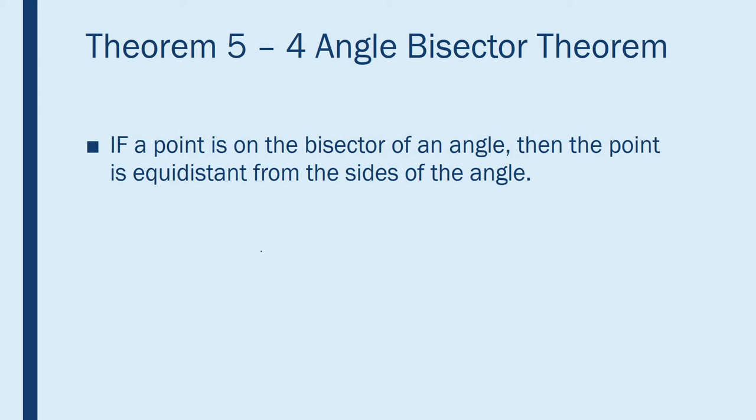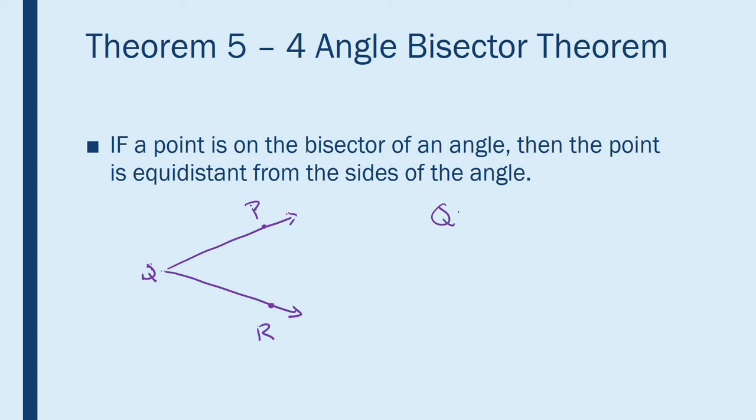So a point is on the bisector of an angle. So let's draw an angle. Let's call it Q, P, and R. Okay, so angle QPR. And then I have a bisector.